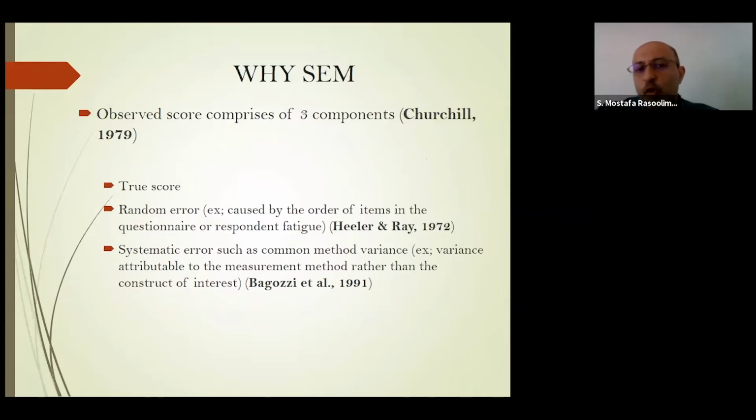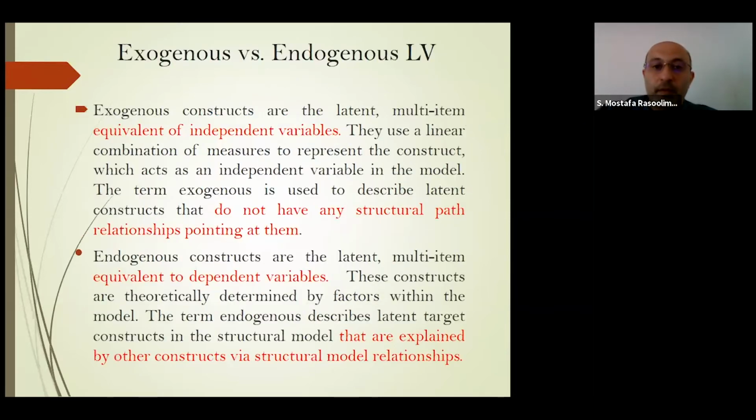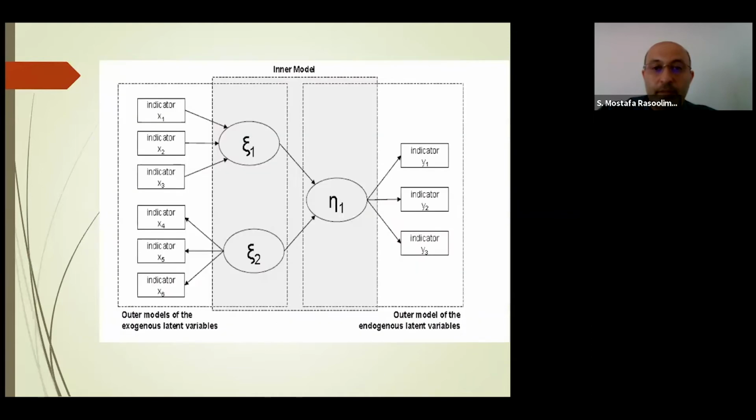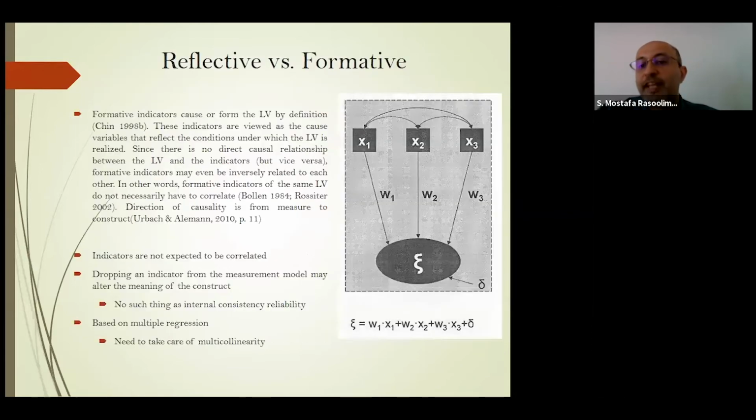Here is an example, when we have a latent variable. We discussed the error term before, if I'm not mistaken. For example, we have a reflective latent variable. For a reflective latent variable, we have, for example, three items.